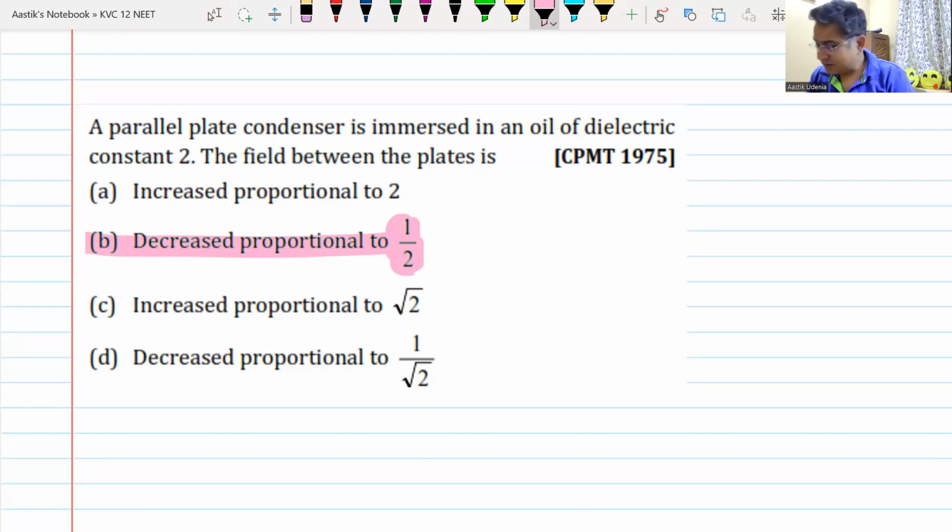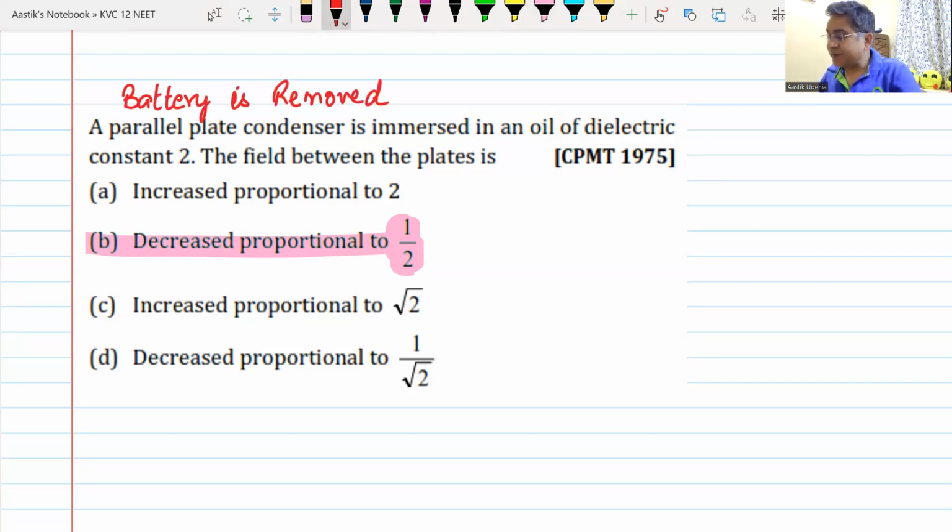Nothing has been mentioned here, so we will assume that this is the case where battery is removed. Dielectric is inserted. Capacitance will become 2 times. Charge will remain same, but the electric field will become half. We understand this? That is what we need to understand in this question.